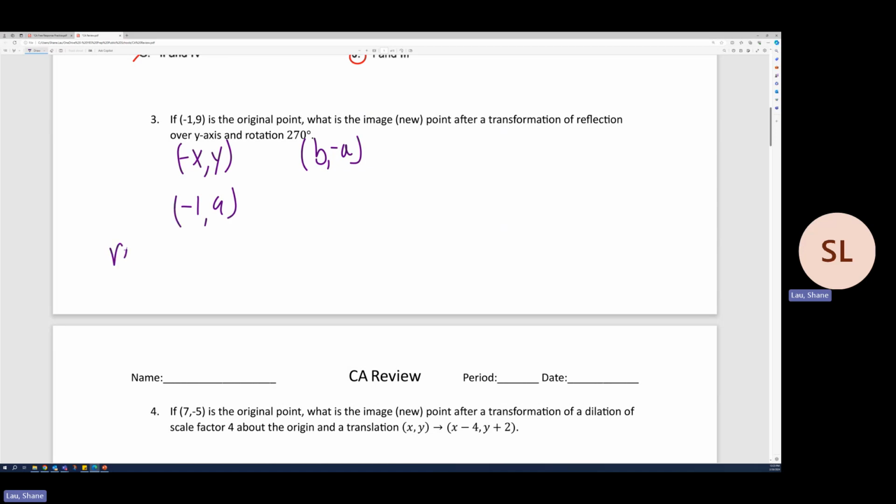Then after reflection, we should have a +1, 9 because only the x value is changing signs. And then we have our rotation. Rotation is going to tell us to flip and then negate. So we're going to have a 9 on -1, and that should be our answer, 9 times negative.